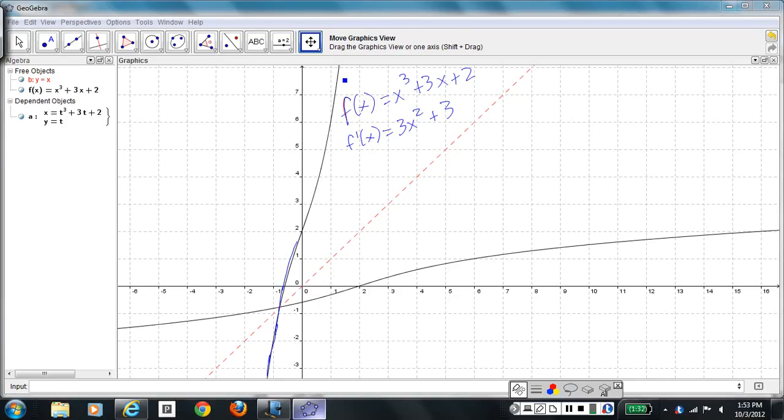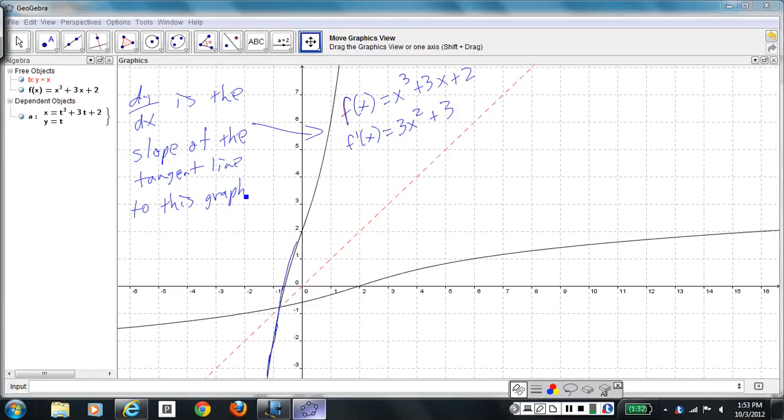Now, if we find dy/dx, dy/dx is the slope of the tangent line to this graph.